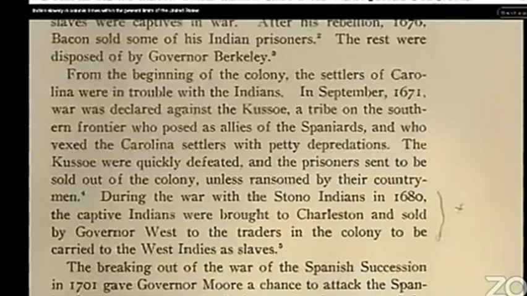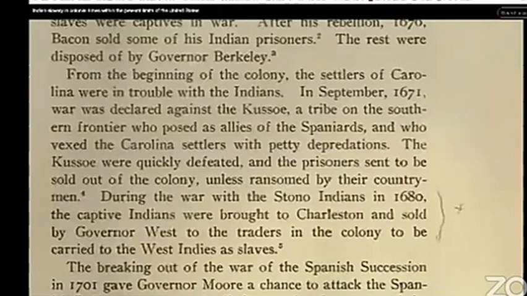"From the beginning of the colony, the settlers of Carolina were in trouble with the Indians. In September 1671, war was declared against the Cusabo, a tribe on the southern frontier who posed as allies of the Spaniards, and who vexed the Carolina settlers with petty depredations.